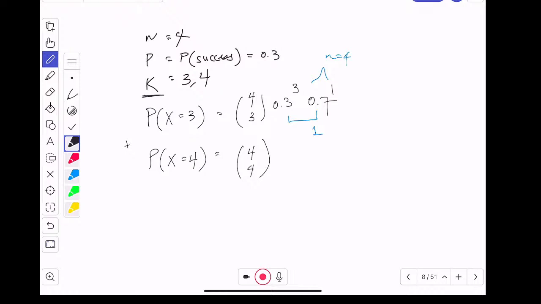And here it's going to be 4 successes, and then because there's 4 trials and 4 successes, there are no failures. So these sum to 1, and these to 4.